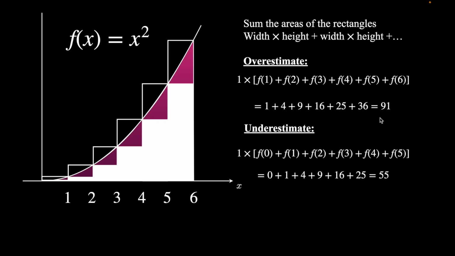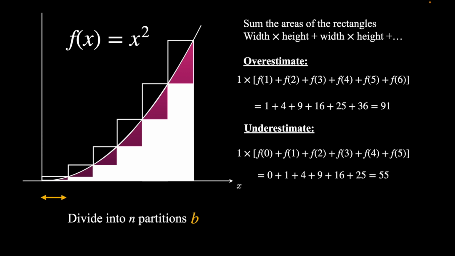So how are we going to do this? Well, we need to start generalizing. So we can call this upper limit of the area B. Instead of 6, let's say B, and let's divide it into n partitions instead of 6 partitions. Okay, so now we have a different width. How can we express this width?